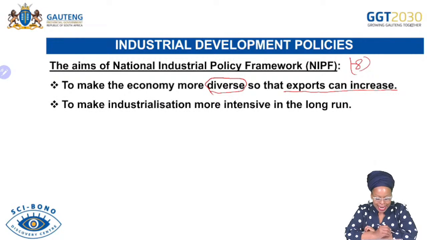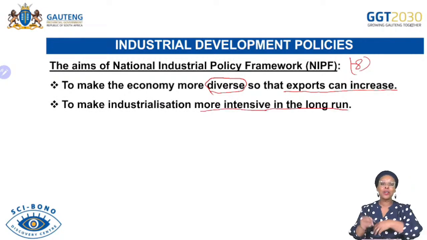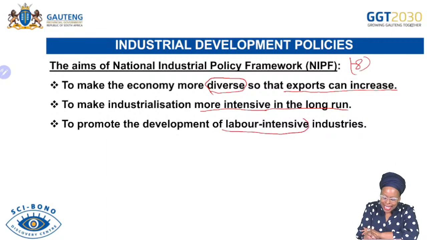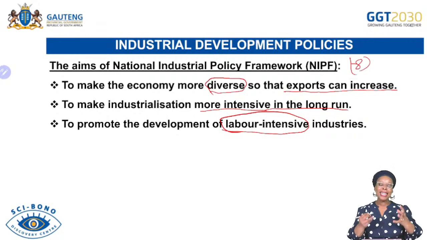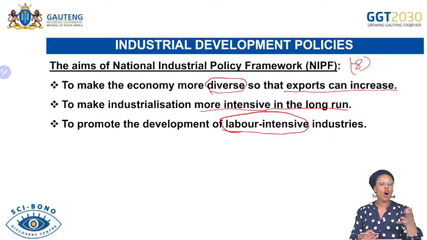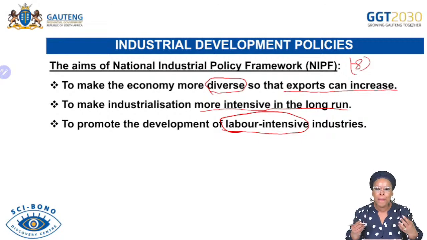Another aim is to make industrialization more intensive in the long run, so that even the next generation will benefit. Then another aim is to promote development of labor-intensive industries. With labor-intensive industries, we mean that these industries will rely on less technology, less machinery, so that most of the work is done by human beings.